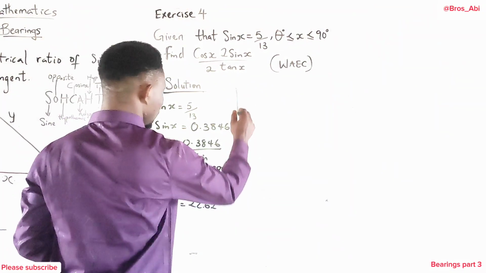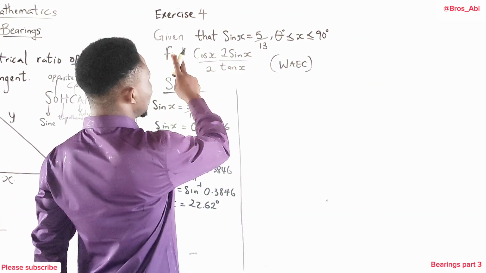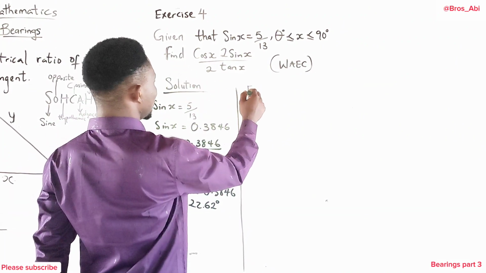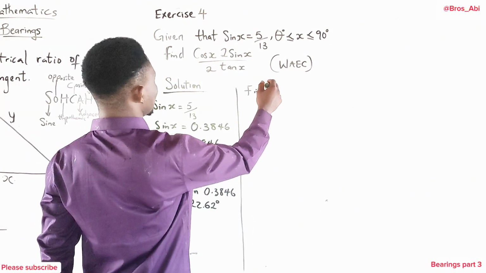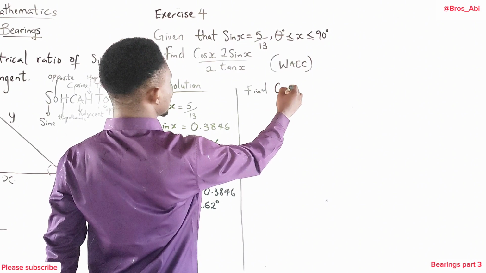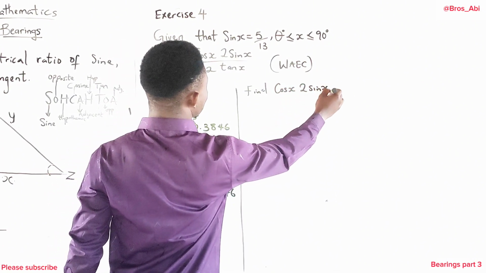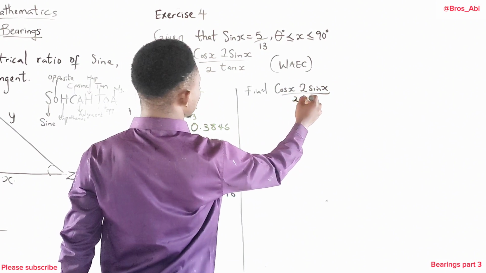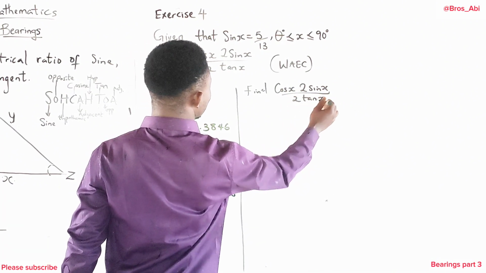So now all we'll do is this. We will come to the point where we were told to find, since we now know what x is, cos x times 2 sin x over 2 tan x.